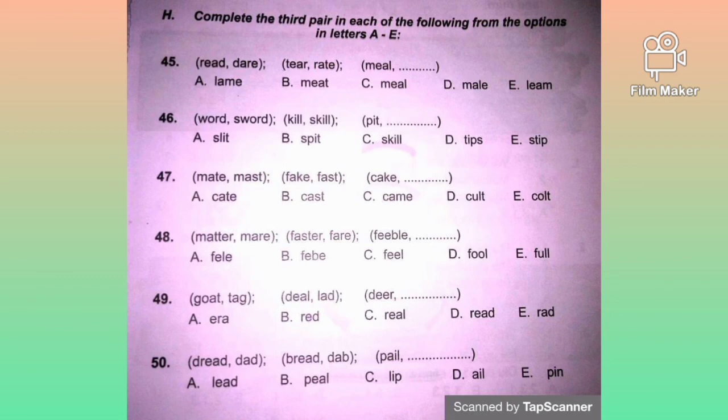So let's see what we are going to do. FE, then we are going to take the last ones, which is EL. So when we have FEEL, what do we have? Feel. So let's see if there's feel in the options. We have A, fell, no. We have B, feb, no. We have C, feel. That is exactly our answer. So we've gotten it. It is quite easy, right? And interesting too. Good. All right.